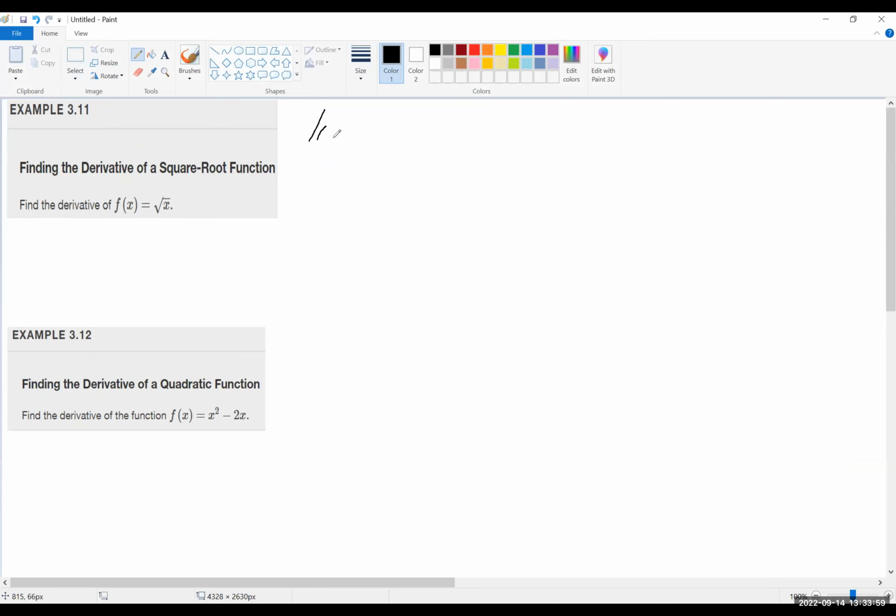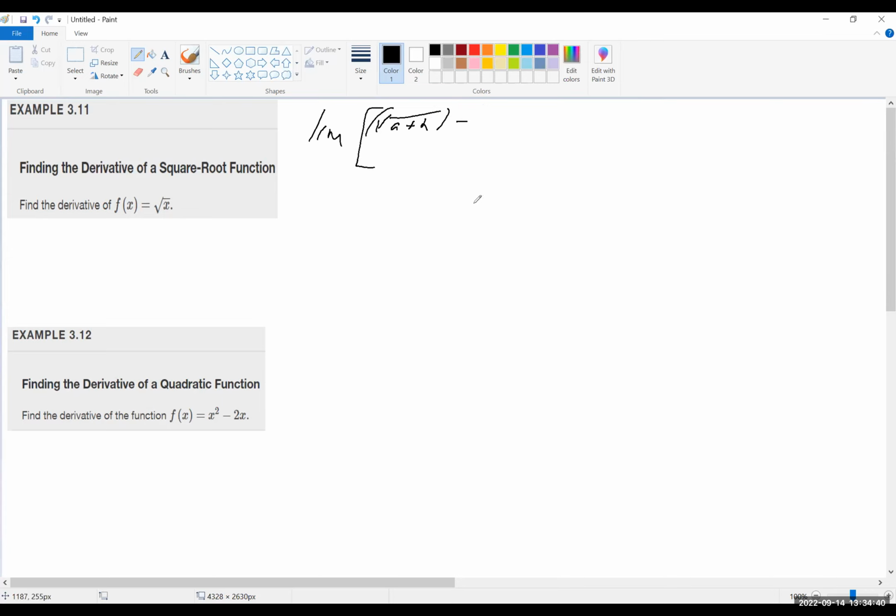So we want the limit of brackets f of a plus h, so it's the square root of a plus h minus, and we're going to use simply x, because a is not defined in this case.